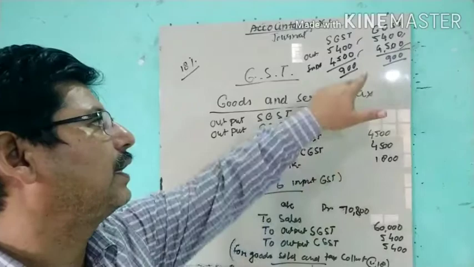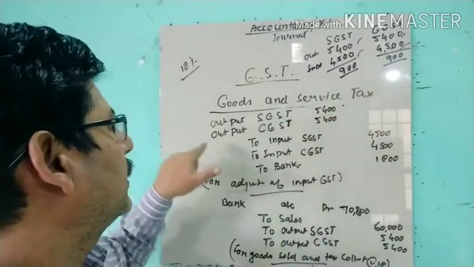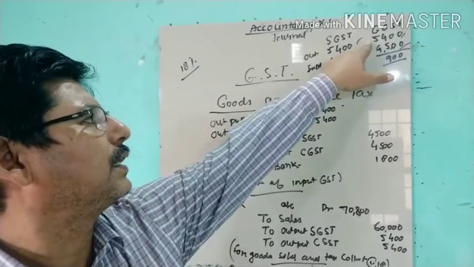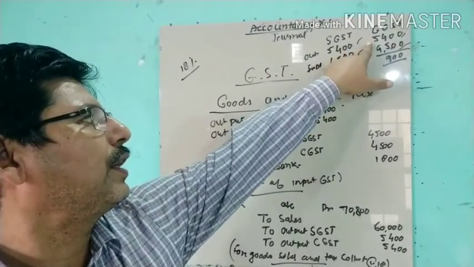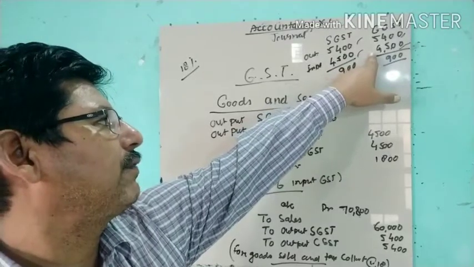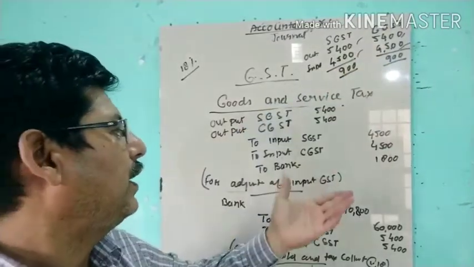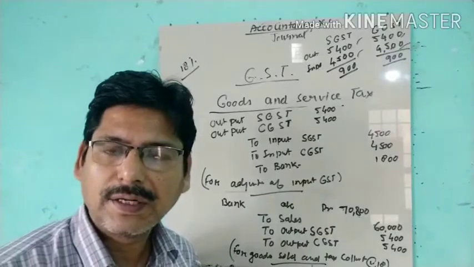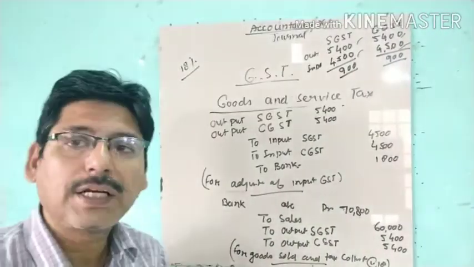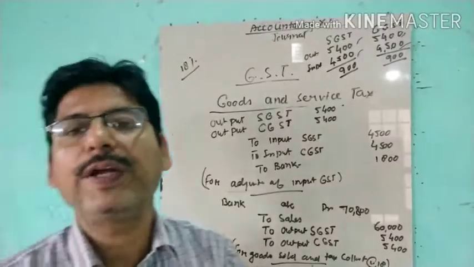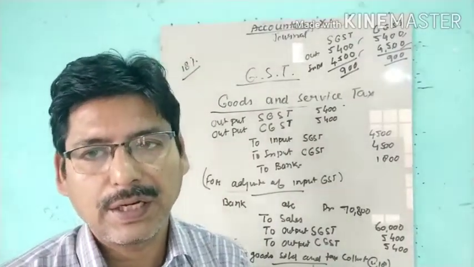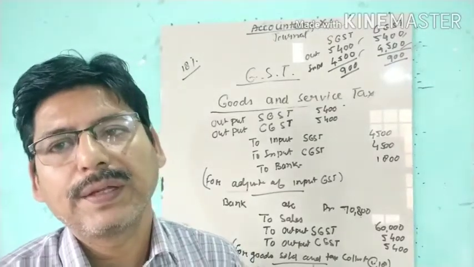Then again, output CGST 5,400 to input CGST 4,500 and to bank 900, as adjustment of CGST. So these are the journal entries that we have to put while doing this. Okay, thank you.